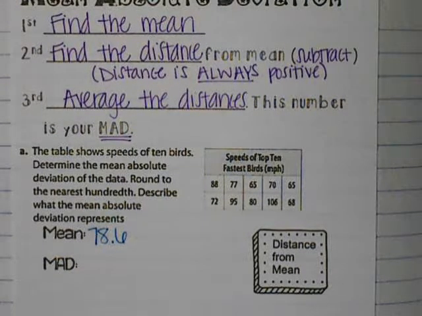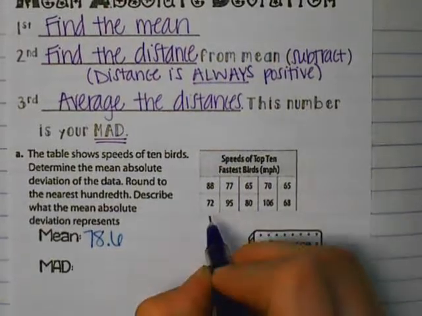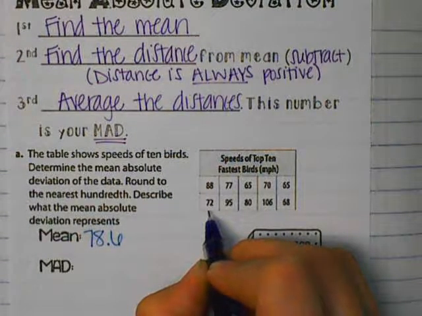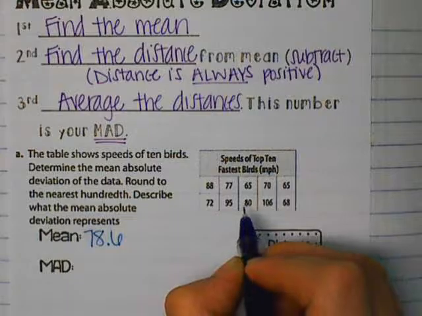Now we need to find the distance from the mean. So we're going to subtract and find the distance every single number is from the mean.